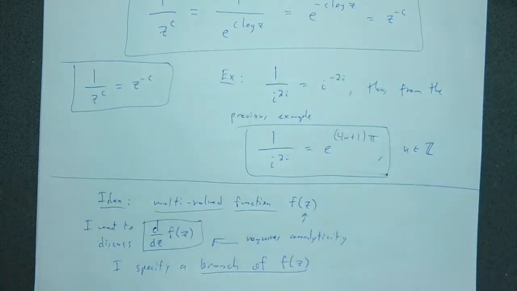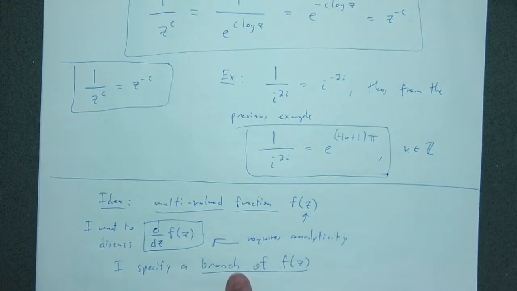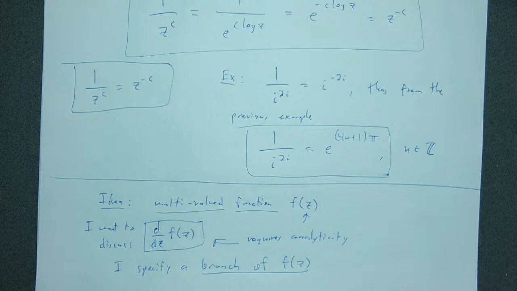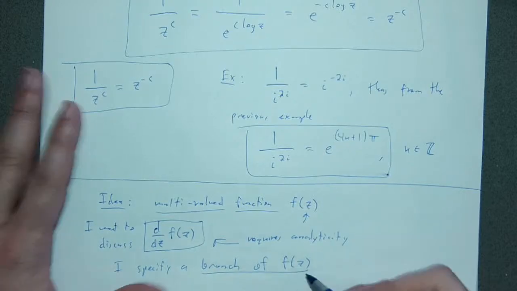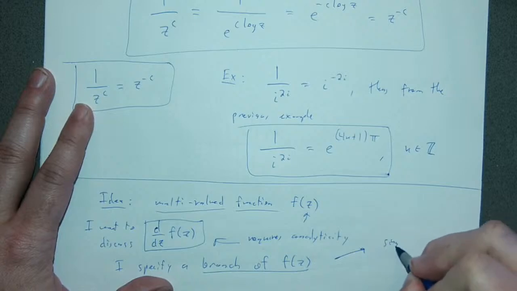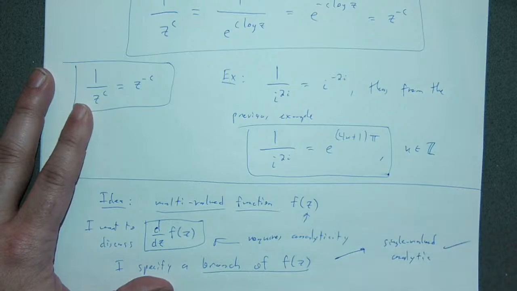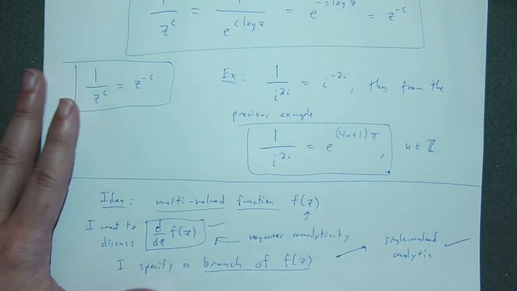And so, if you like, you can think of specifying a branch as specifying an analytic part of the function in question, in such a way that it's continuous, even better, it's analytic there, and it's not multi-valued, it is single valued. And so we are good to go to compute this thing.